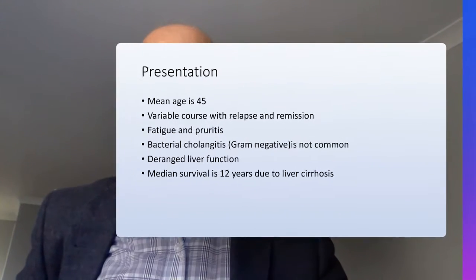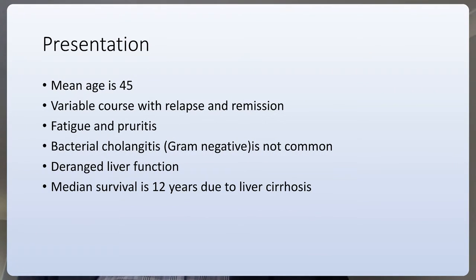Now we see how the disease gets presented to the clinicians. These patients, unfortunately, are young, with the mean age of 45, and usually patients are somewhere between the age of 20 and 50. No predisposing factor has ever been found apart from the genetic predisposition of individual patients.